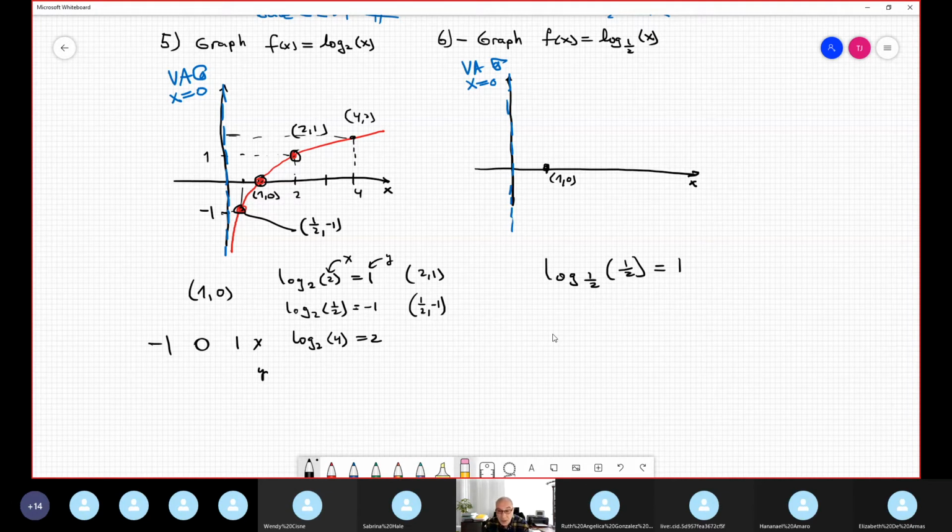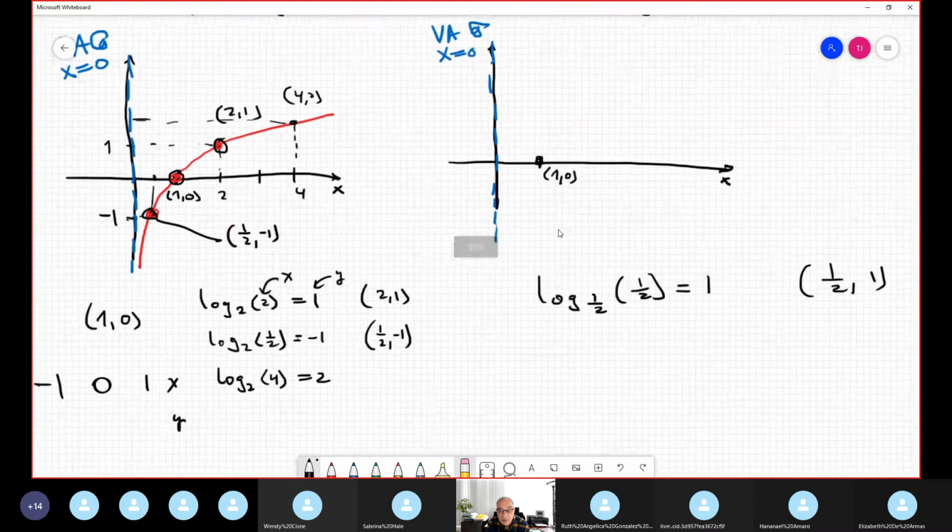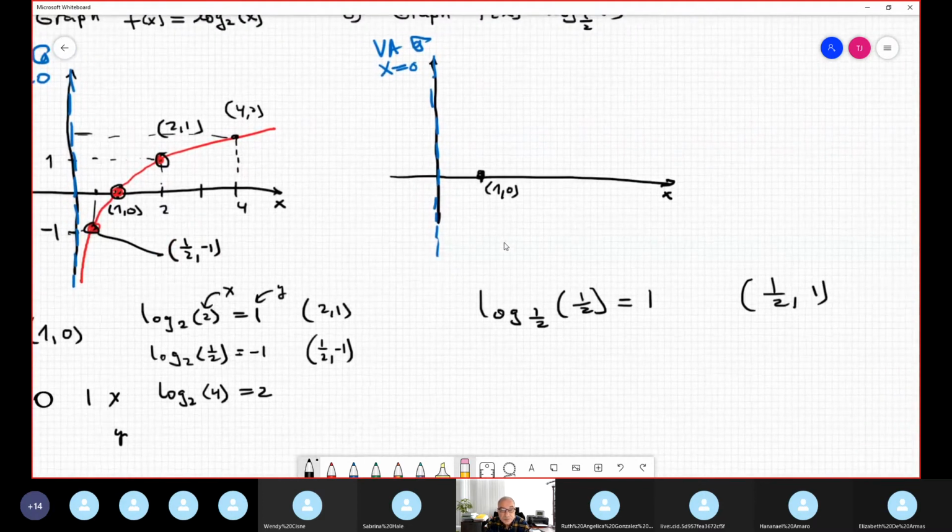We plot that point. By the way, it's the point 1/2, 1. Well, 1/2 is located here, 1/2, comma 1. I plot that point. This point is 1/2, comma 1.